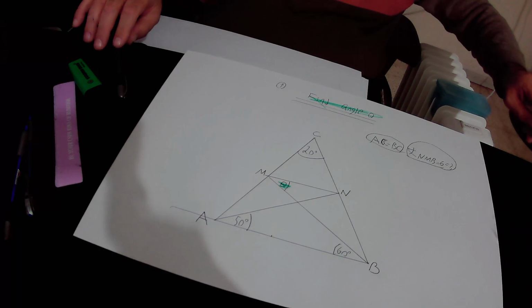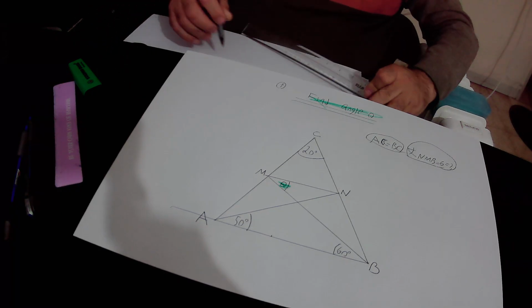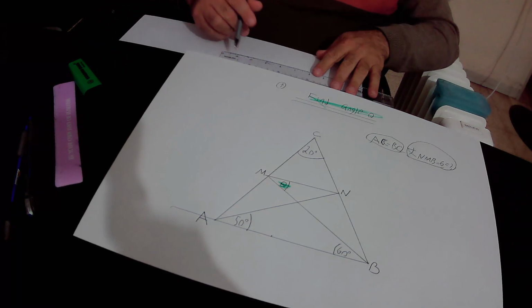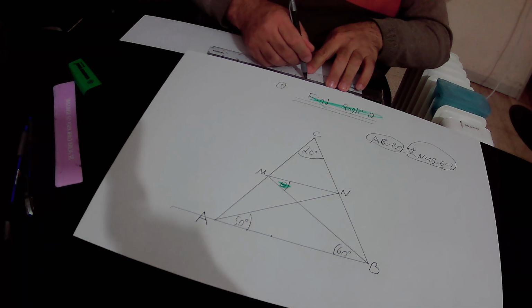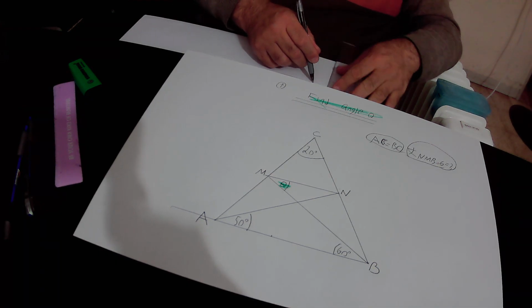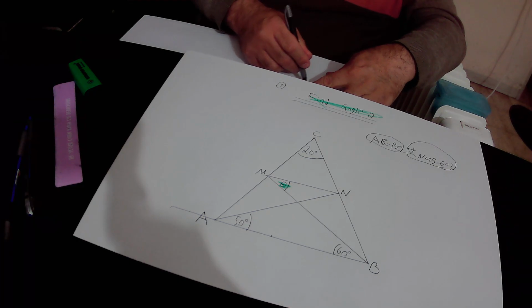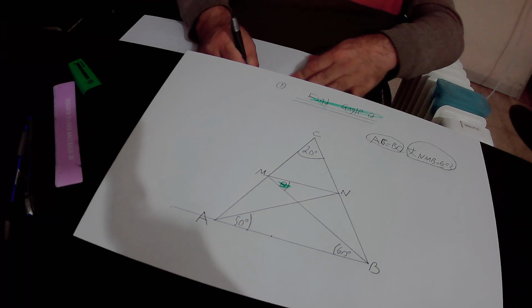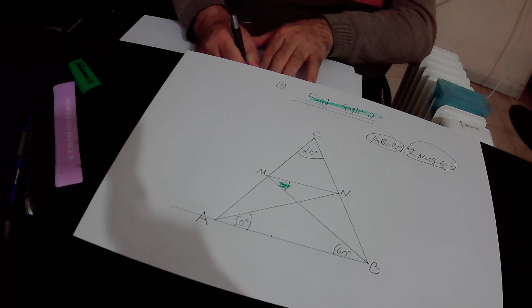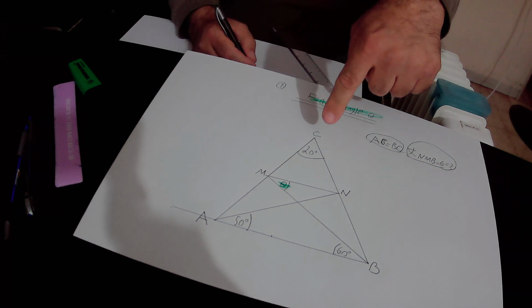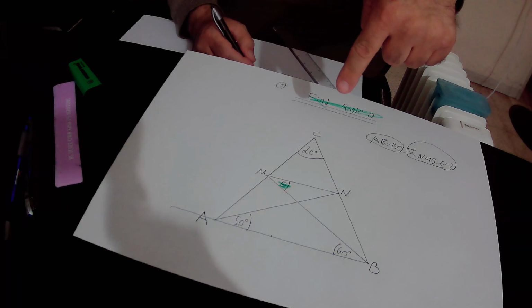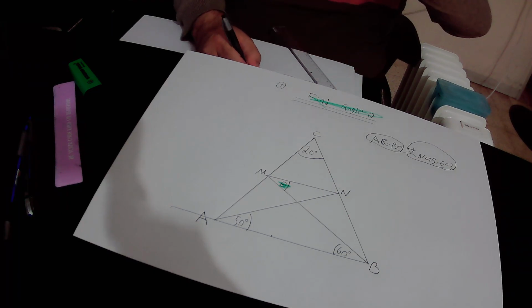So I'll copy triangle ABC again in a new page. This angle ACB equals 20 degrees.